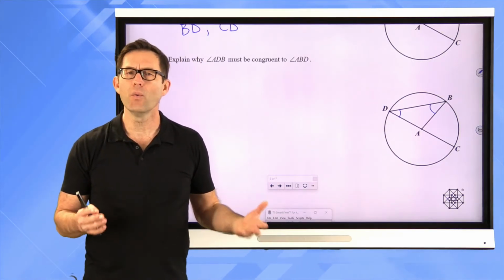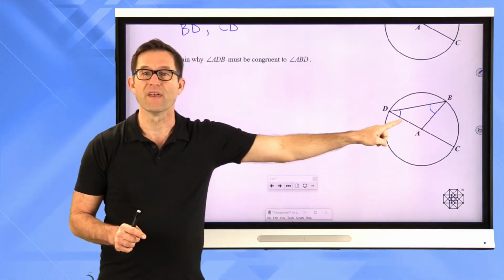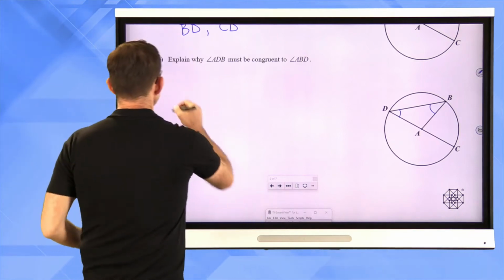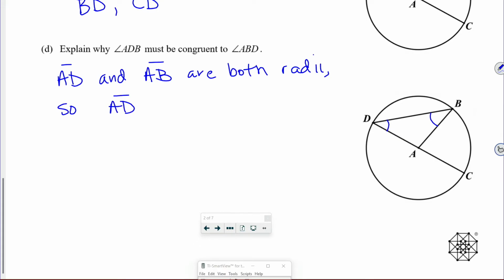Well, what do we know in this diagram? One thing that we know is that AD and AB are both radii, but by the very definition of a circle, that means that AD must be congruent to AB.